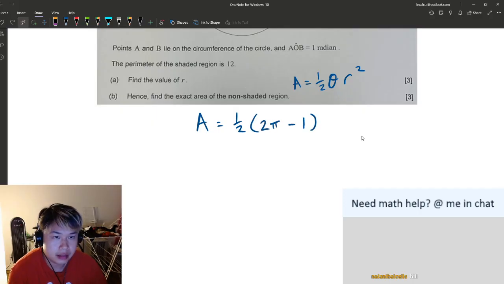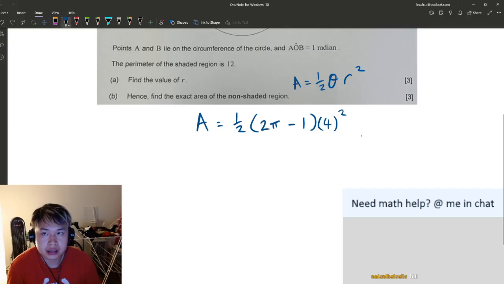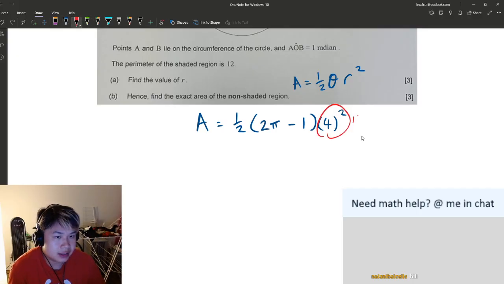And I think we found out the radius was 4, right? Okay, and then let's simplify. 4 squared is 16, divided by 2 is 8, so all of this is going to be 8, and then 8 multiplies into here.